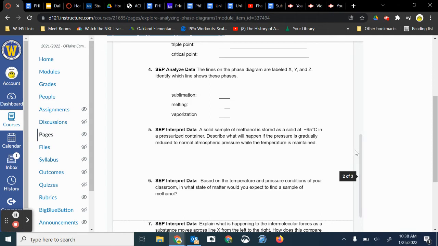Describe what would happen if the pressure is gradually reduced to normal atmospheric pressure while the temperature is maintained. So methanol is going to change from a solid to a liquid as it goes from a pressurized container to a normal atmospheric pressure. And then the last question that you have on your sheet that you picked up is number 6. Based on the temperature and pressure conditions of our classroom, what state of matter would you expect to find the sample of methanol? And we would expect it to be a liquid.